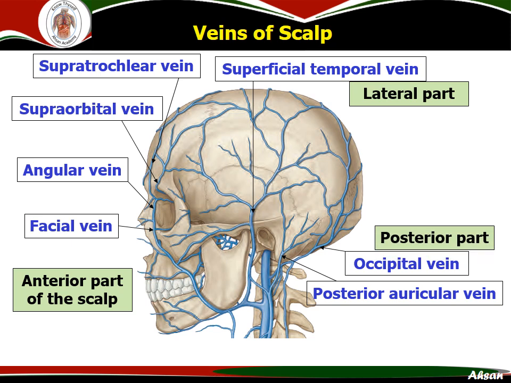So the scalp drains in the anterior direction, the lateral direction and the posterior direction. The angular vein collects the venous blood of the anterior part, the superficial temporal the lateral parts, and the occipital and posterior auricular from the posterior part.